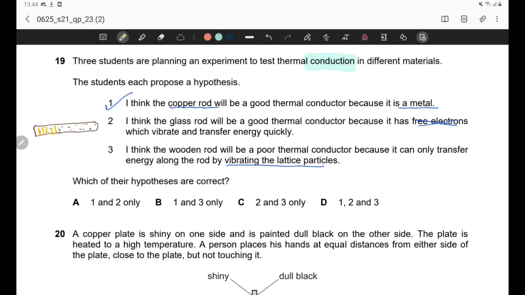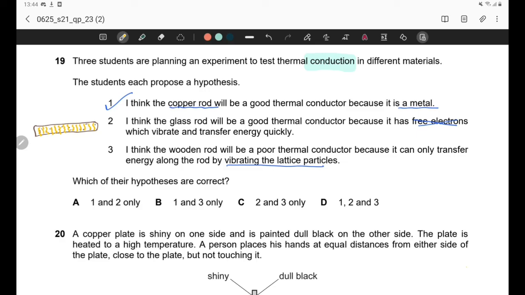One vibration will cause the neighboring particle to vibrate, which will continue to the other end. So slowly the heat will transfer. That is the only way heat will transfer through wood.